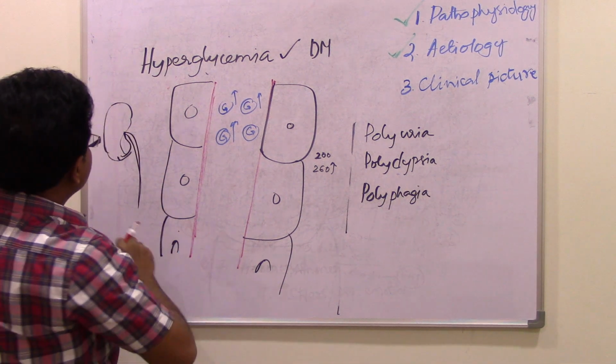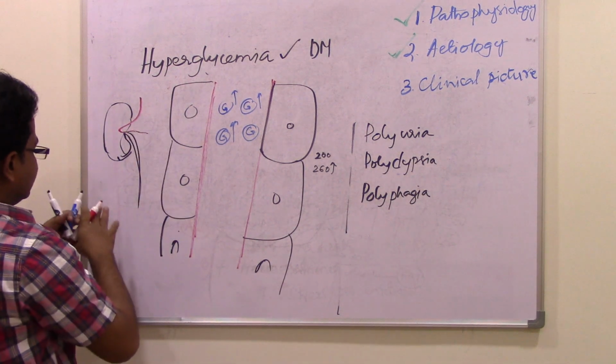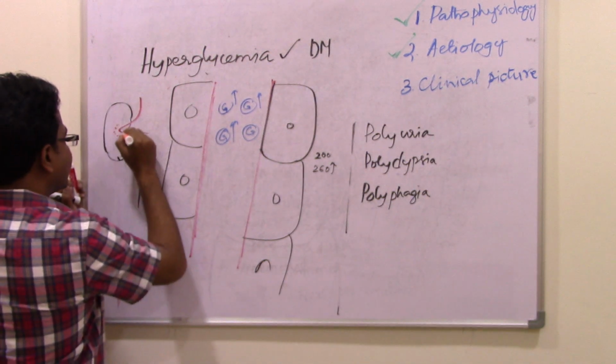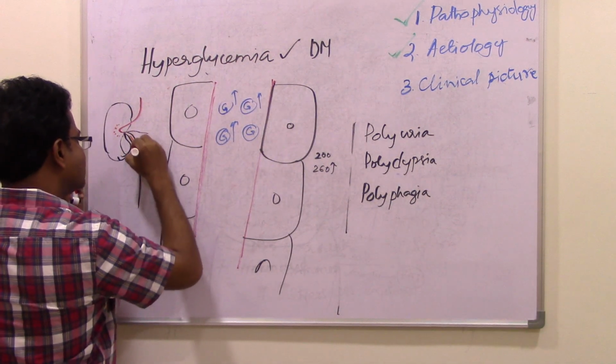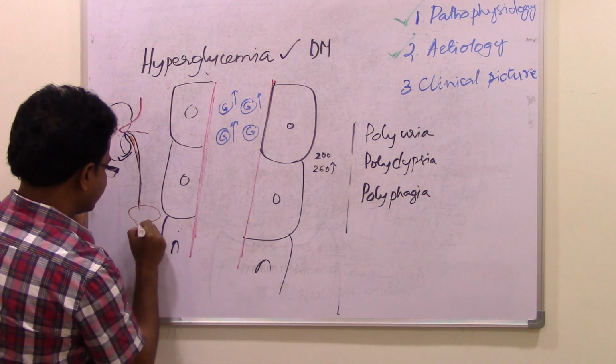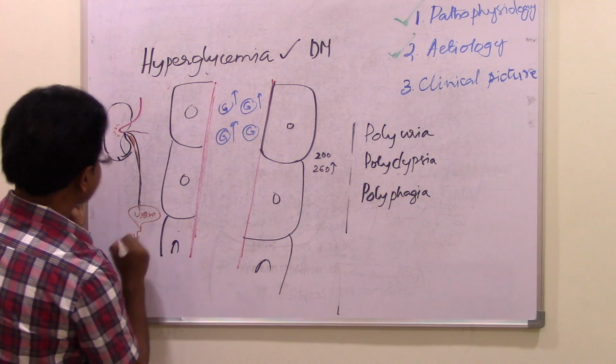The blood is moving into our kidney, and whatever waste or excess is coming out goes through the ureter and is collected in the urinary bladder as urine and excreted out.